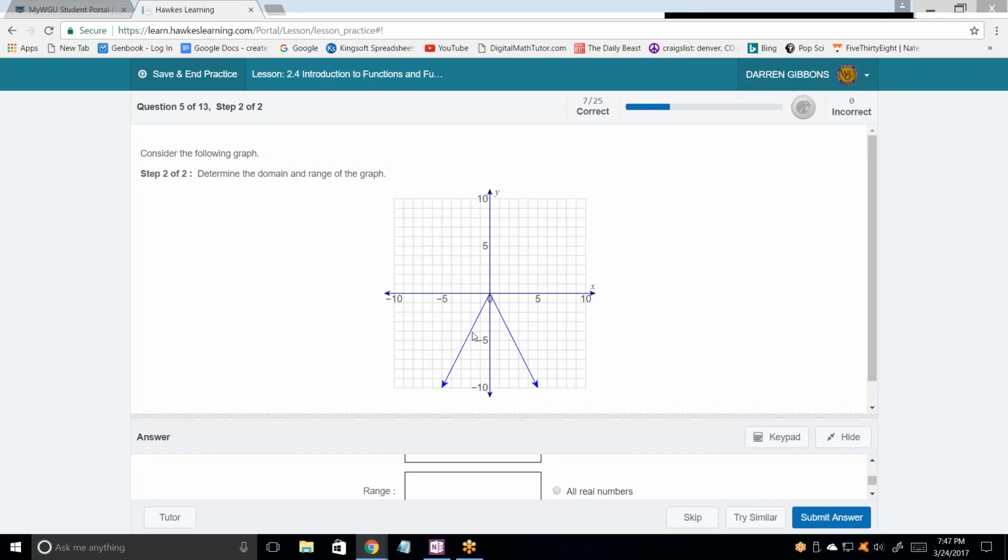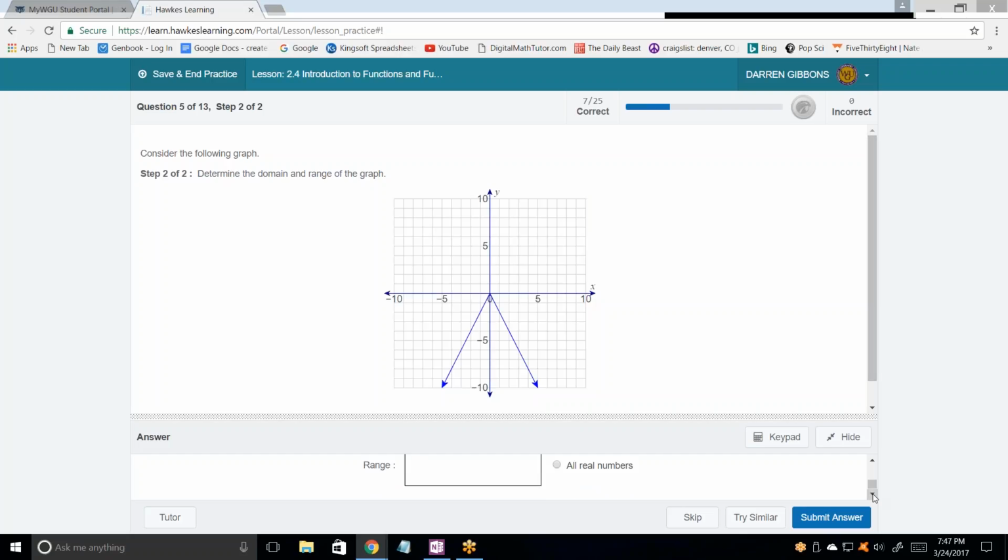No matter if I put my cursor there, I got a negative Y. If I put my cursor over here, I got a negative Y. Down there, a negative Y. In other words, Y is less than or equal to 0. It's equal to 0 right there. So it can be 0, but it can never be positive. I don't see any part of the curve above the x-axis, which I would have to have.